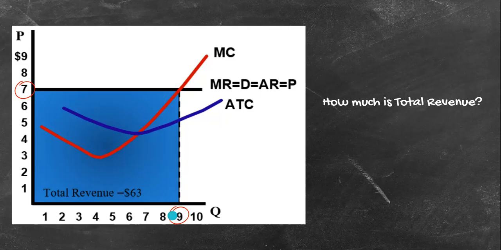We're going to take that quantity of 9, we go straight down, and then as for the price, we go straight across to the left, and at that intersection of MC equals MR, that happens to be a price of 7. And so we simply calculate 7 times 9, and this gives us a total revenue of $63.